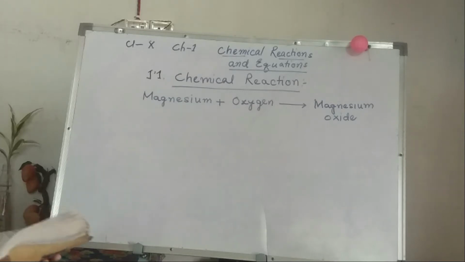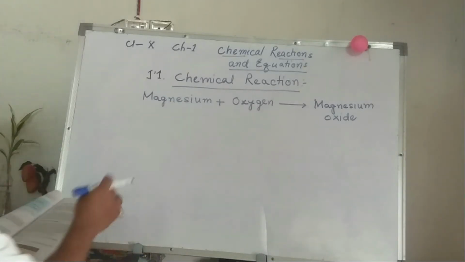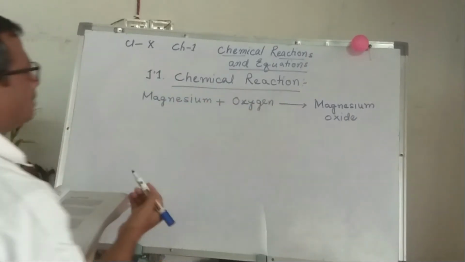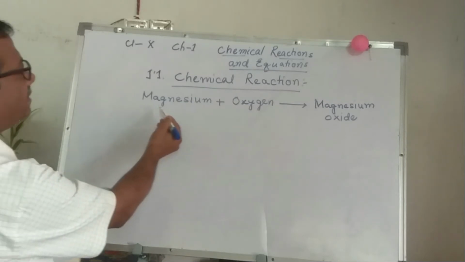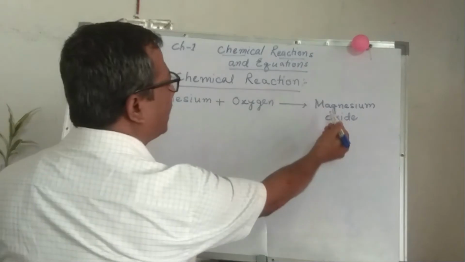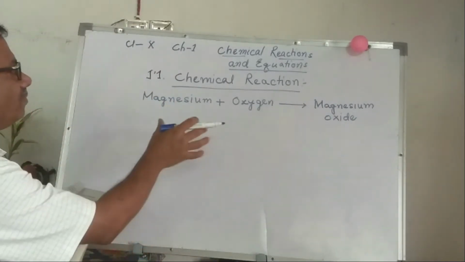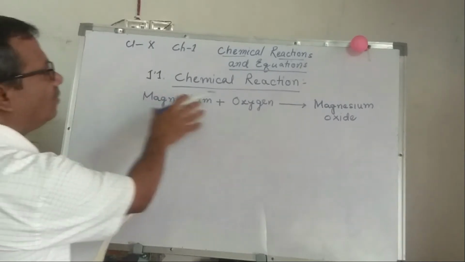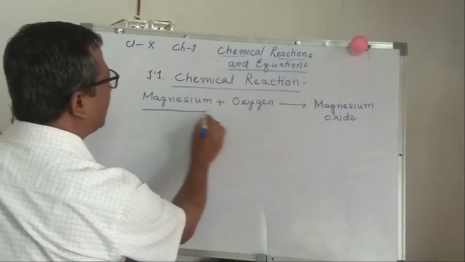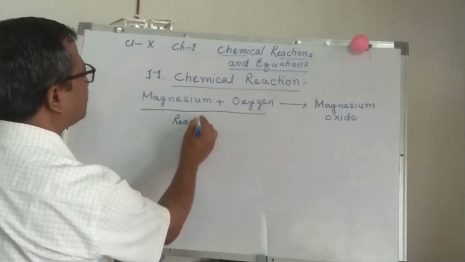So my dear students, look at the board. I am going to describe the chemical reaction. Here magnesium reacts with oxygen to produce magnesium oxide. These things in short form, in an equation, we can write like this. See, on the left hand side are the reactants.